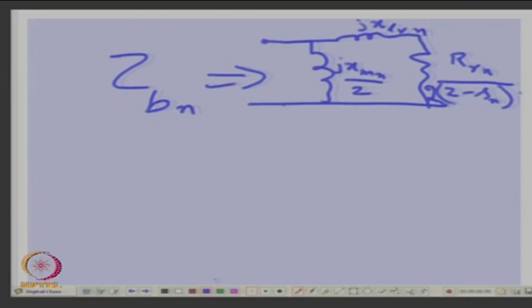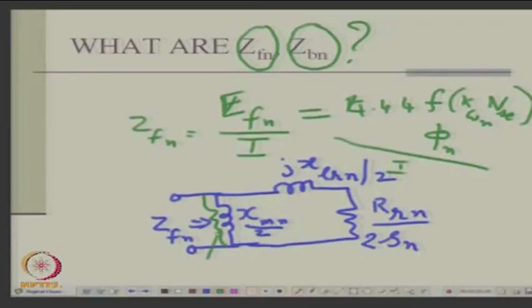Now, sometimes they connect R_C. What is this for? Core loss. Because even for every harmonic, there may be a core loss component. Sometimes they do it, so you can also put R_C.